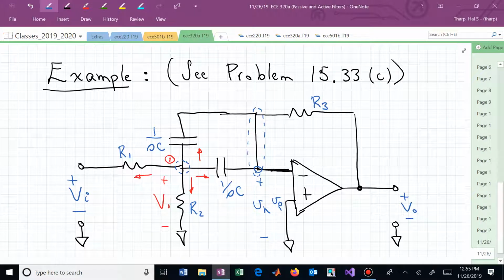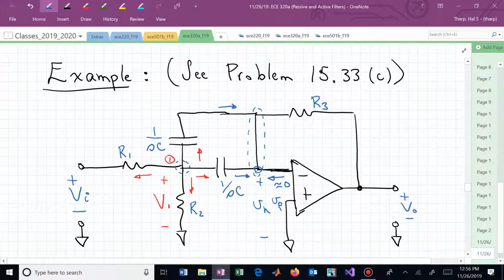We can now think about the current flowing in or out. For some reason I'm saying let's do it in on this one. So we now have that current going in. That current, which is what? That one's 0 because of the high input impedance, so we really don't need to worry about that.